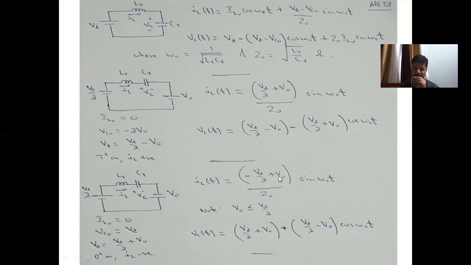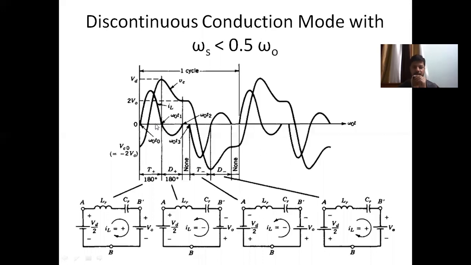Note that V0 is less than or equal to Vd by 2, which means that this current is actually negative, or it is a negative sinusoid. So when D plus is on, you have a negative sinusoid here, and at the end of another half cycle, the inductor current becomes 0, the capacitor voltage reduces to V0.